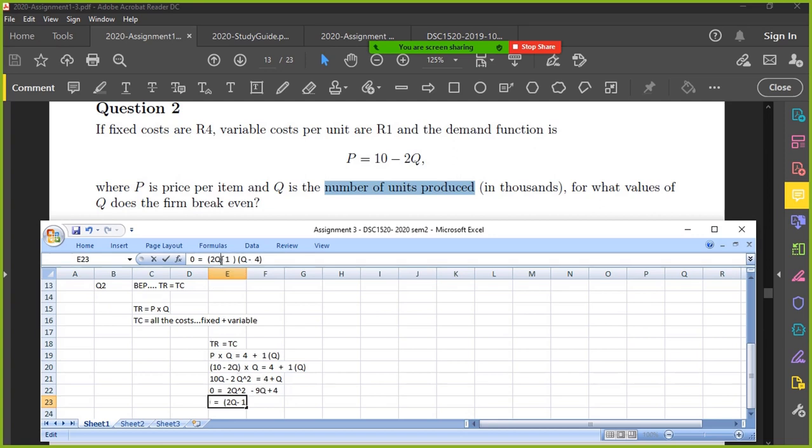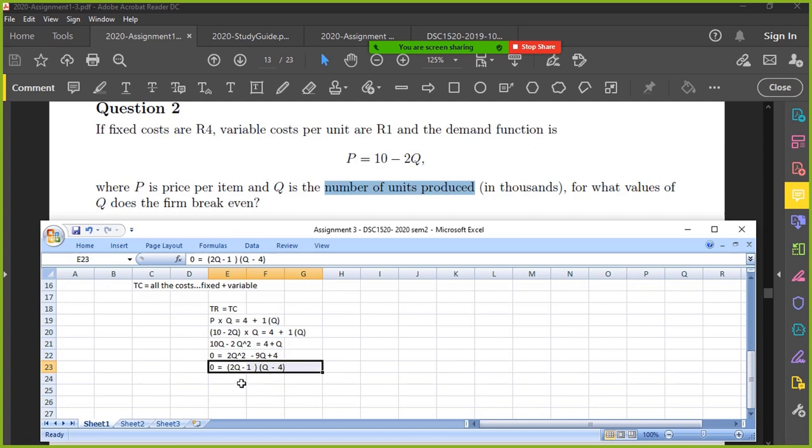This is just factorizing a trinomial. 2Q times Q is 2Q squared. 2Q times minus 4 is minus 8Q, minus 1Q is minus 9Q. Negative 1 times negative 4 is plus 4. So that's correct. There's your trinomial factorized.